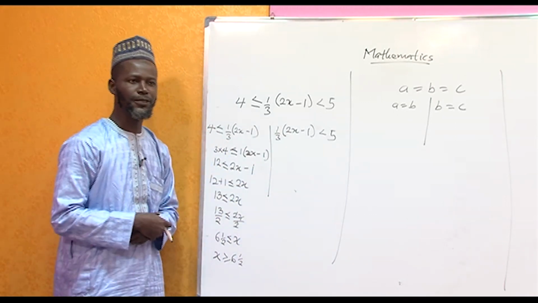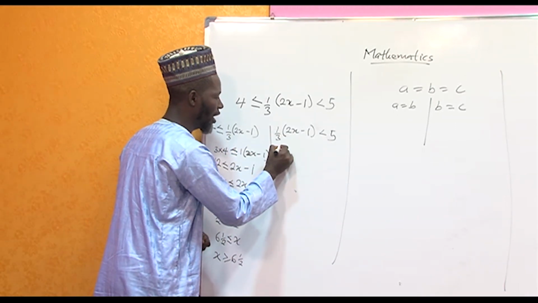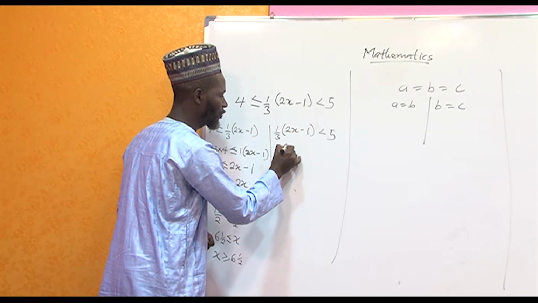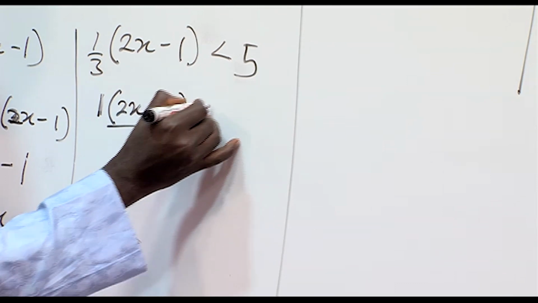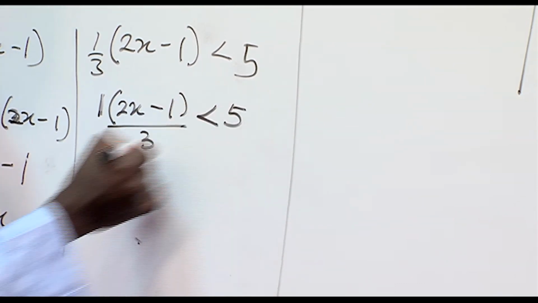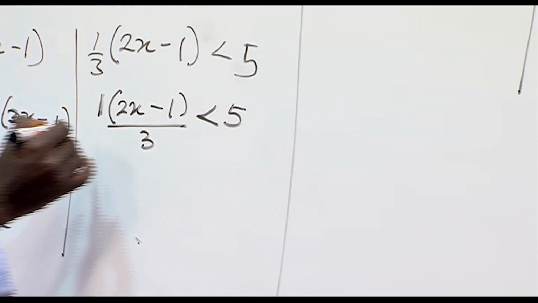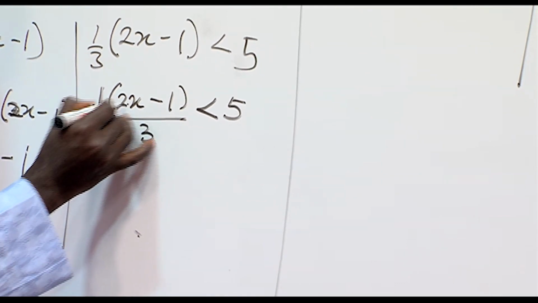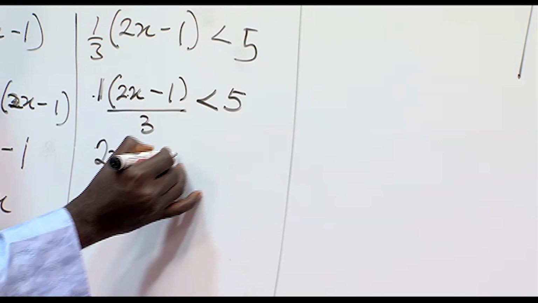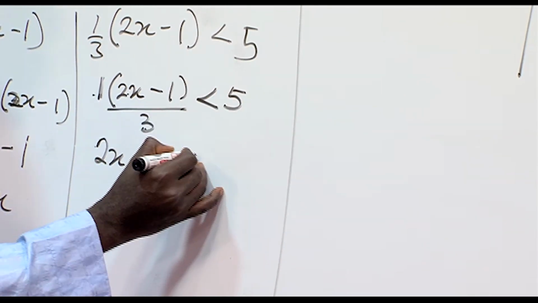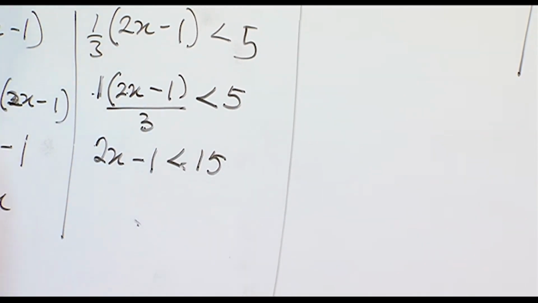Let's go back to this. This one is the same thing as 1 into bracket 2x minus 1 divided by 3 less than 5. Then cross multiply. So we have 1 times 2x, that's 2x, minus 1 times 1, less than 3 times 5, that is 15.